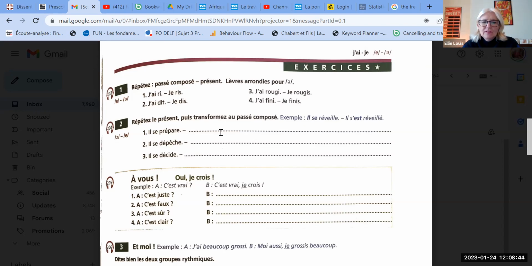Have a go at saying it yourself when you get the gap. Deux. Il se dépêche. Il s'est dépêché. 3, Il se décide. Il s'est décidé.